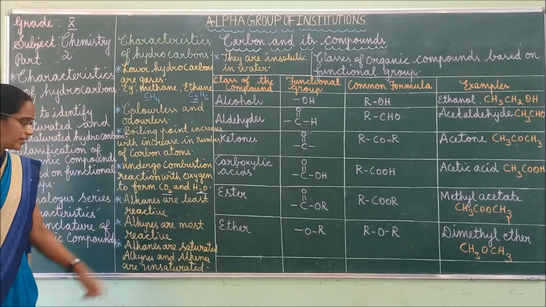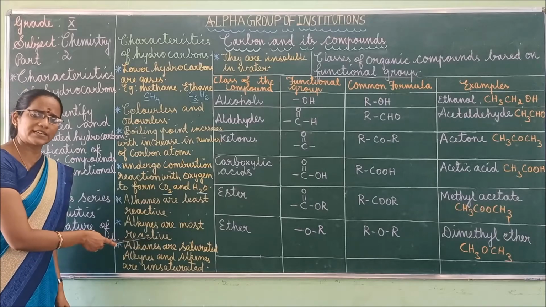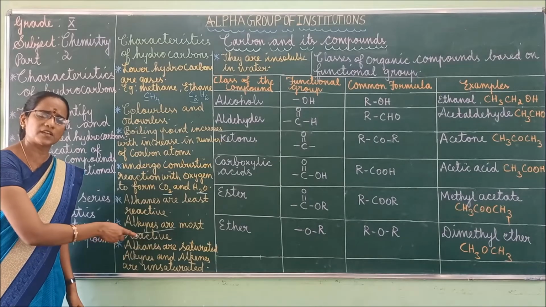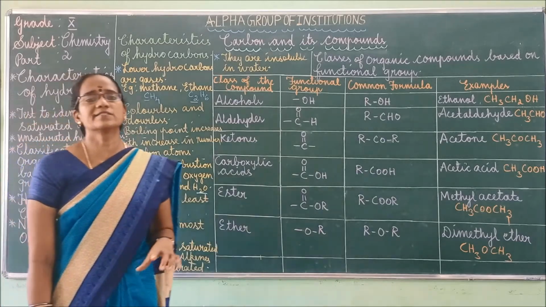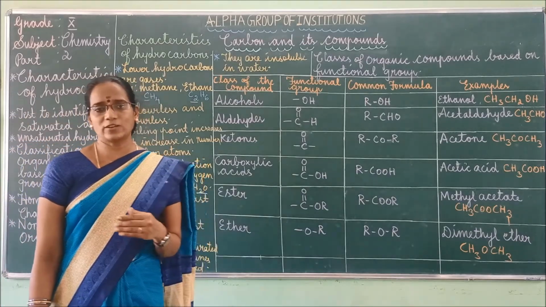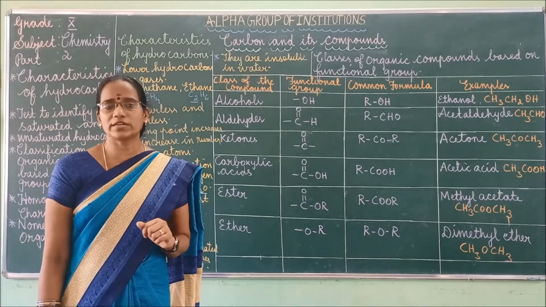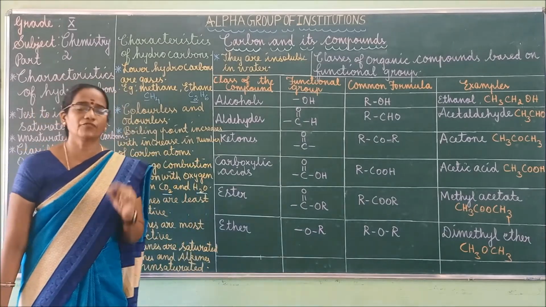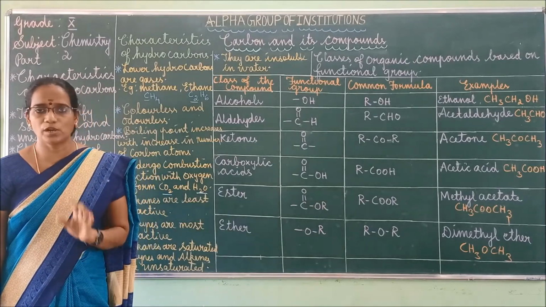Okay. Next point, alkynes are most reactive. What is the reason behind this? Because alkenes as well as alkynes are unsaturated hydrocarbons. Here for alkynes, the carbon atoms are connected by a triple bond.